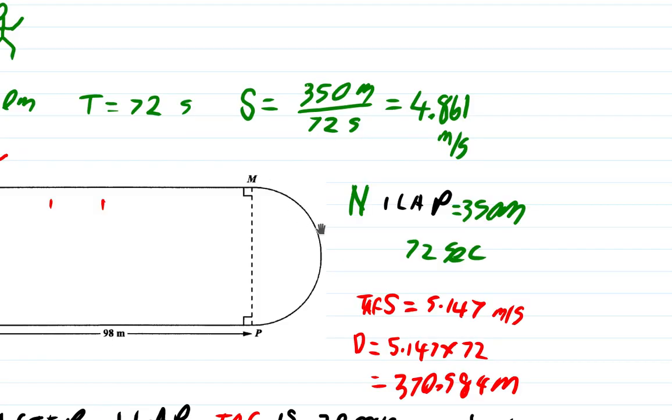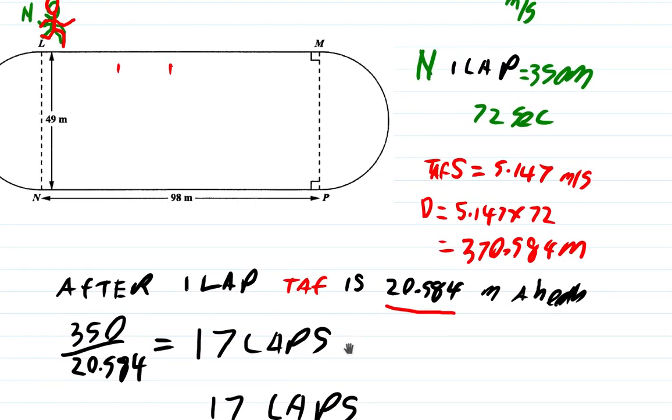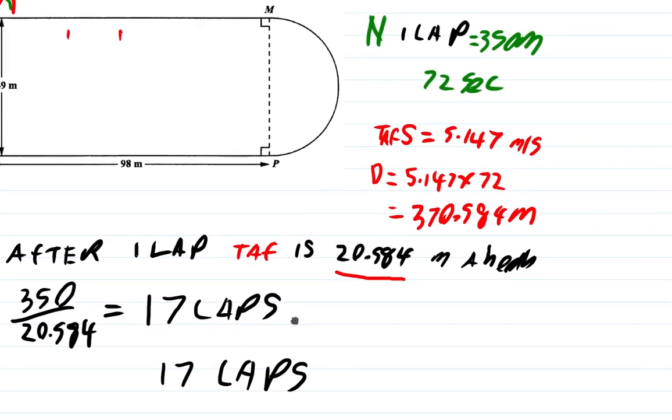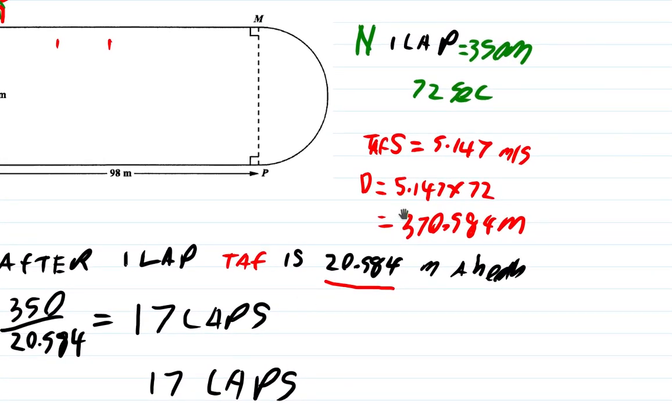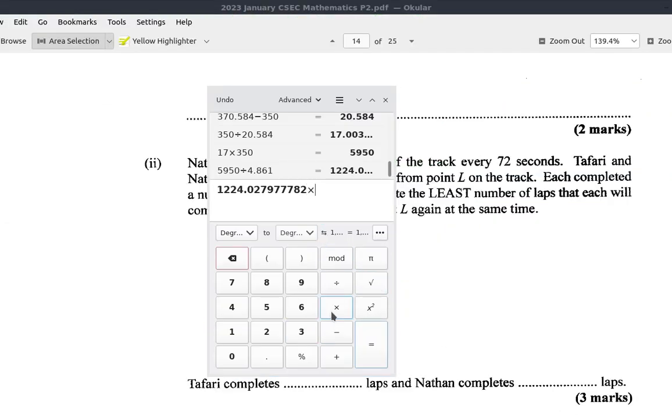What about Tafari? How would be Tafari's distance in that time? Distance is speed by time. So multiply that by Tafari's speed, 5.147. So time 5.147 equals.